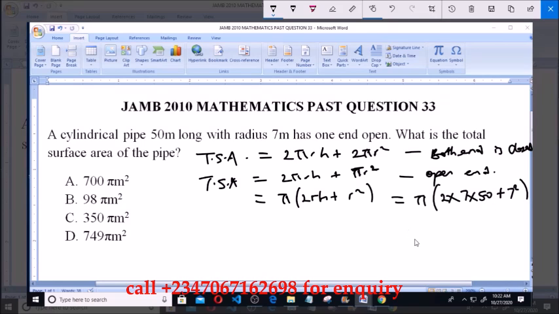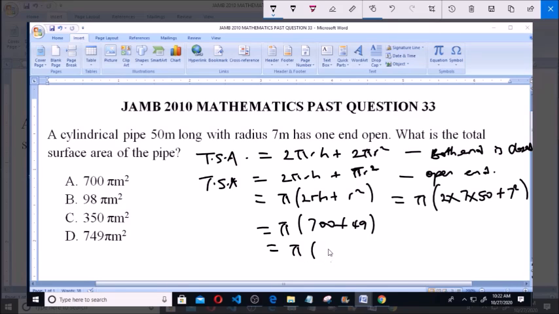So this is equal to pi into 2 times 7 times 50, which gives us 700, plus 7 square, which gives us 49. So this is equal to pi into 749. Now pi multiplied by 749 gives us 749 pi meter square. So this is the total surface area of this cylindrical pipe with one end open, which is option D.